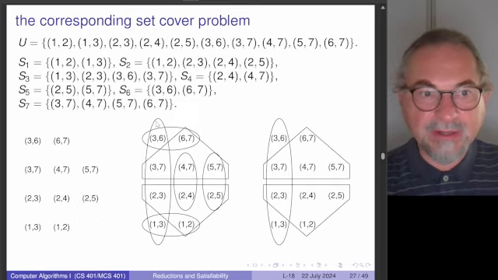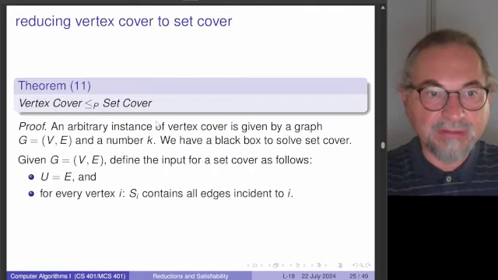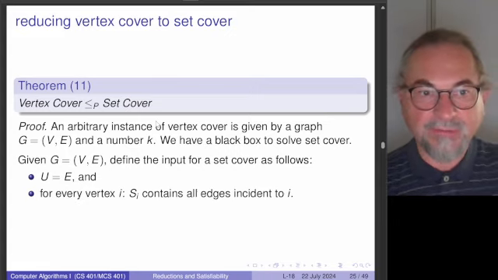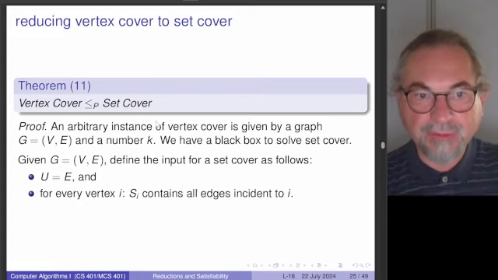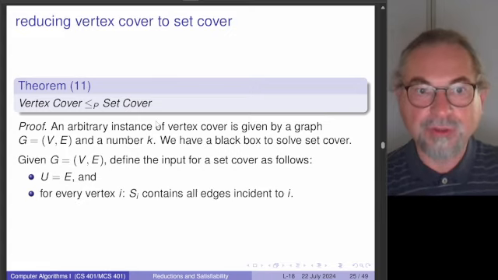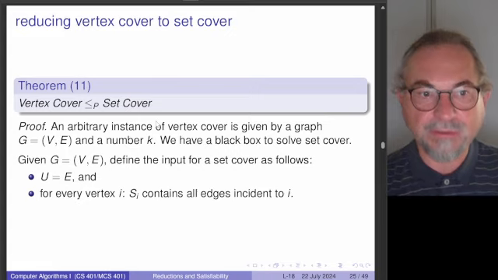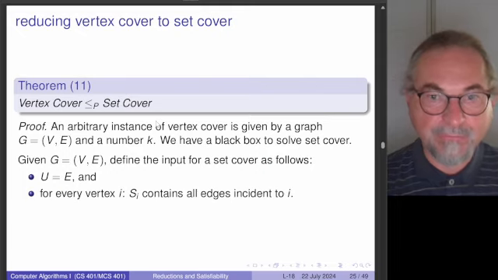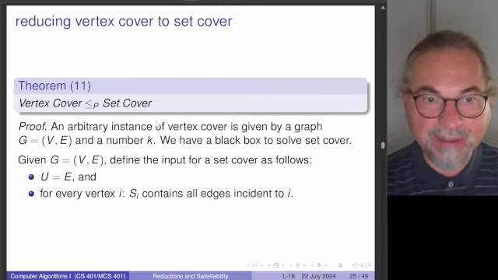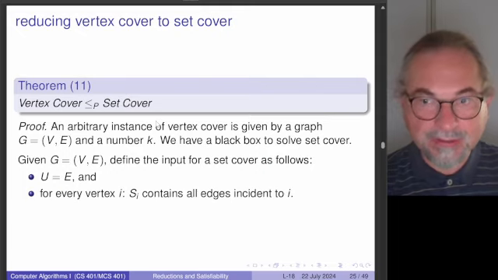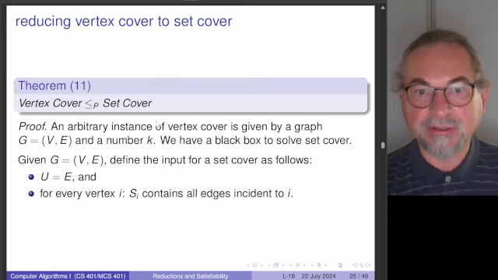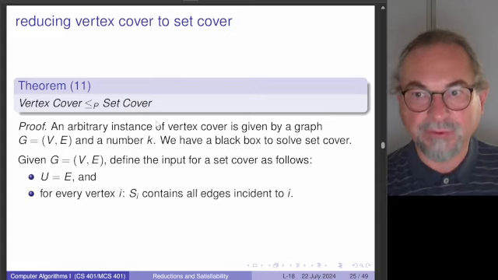This illustrates the proof that any instance of the vertex cover can be reduced to the set cover. It's a polynomial time reduction: you simply copy all the edges, and then you collect in the set all the edges that are incident to the vertex.